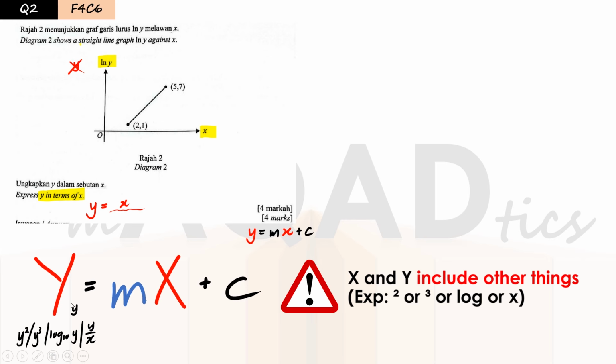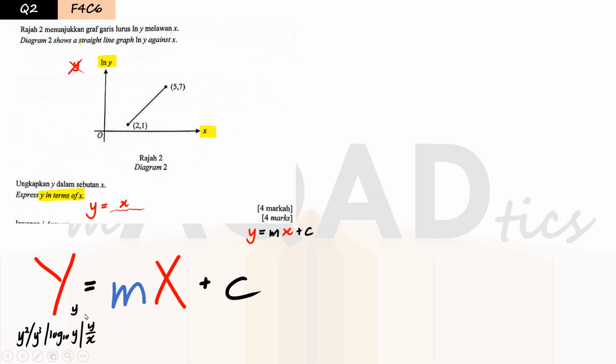So to make it easier for everyone to understand, we are going to use big Y. Okay? Because it has some other things inside of it, and it's not just y only. Right? Not just the small y here. Alright, so coming back to our equation here, we are going to form Y equals MX plus C according to this graph here.